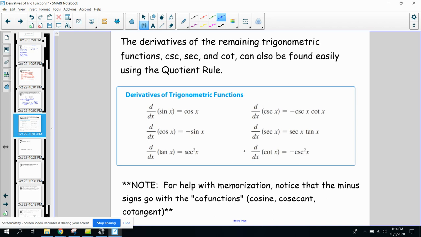A little note to help with memorizing them is that every derivative of a cosine or a cofunction, so cosine, cosecant, cotangent, is always negative. So here we have derivative of cosine, negative sine; derivative of cosecant, negative cosecant cotangent; derivative of cotangent, negative cosecant squared. So if you forget whether it's supposed to be positive or negative, anytime you take a derivative of one of the cofunctions, you're going to get a negative.